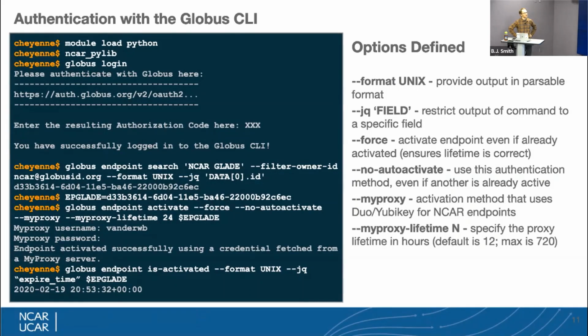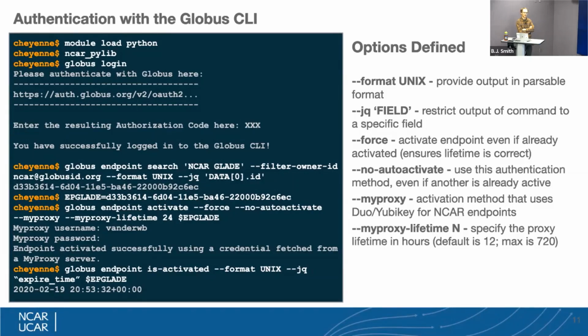But if you're looking through a list of a lot of endpoints, then there are options to make it more manageable. So with this filter owner ID, you can give basically an account that owns the endpoint. And our NCAR Glade and NCAR campaign storage endpoints are owned by this account, ncar@globusid.org. So if I filter by that owner, then I'll only see the endpoints that are managed by us.